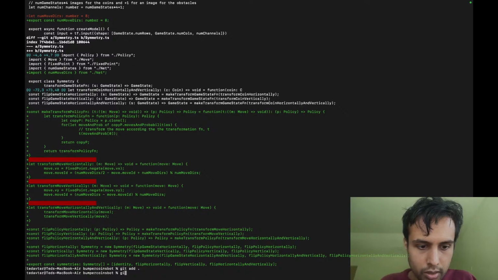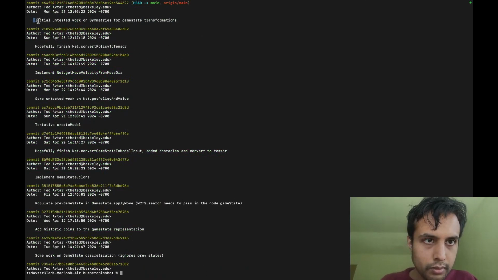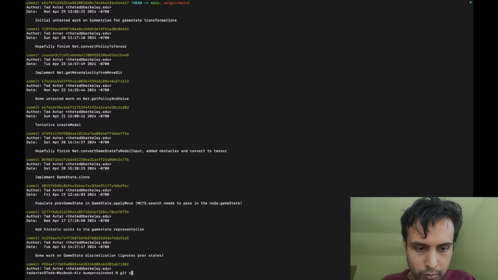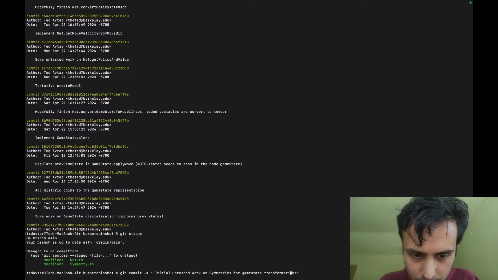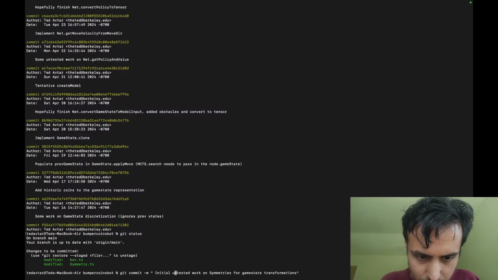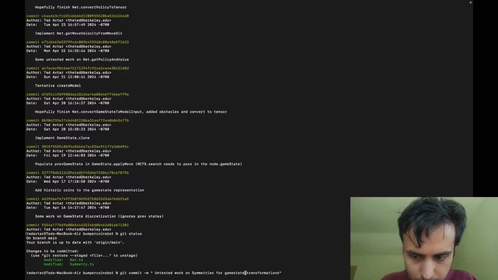Git add all, git log, copy, git commit, git status, git commit. Just paste that message there. Initial untested work on symmetries for policy transformations.